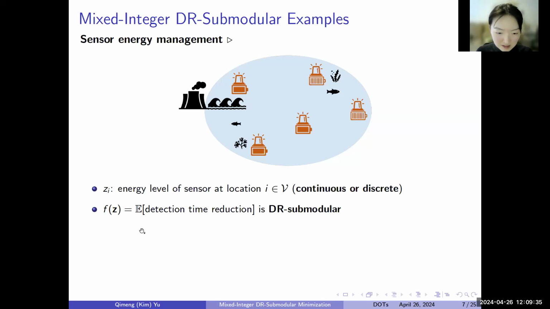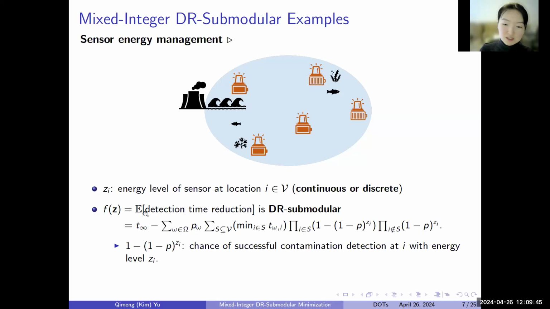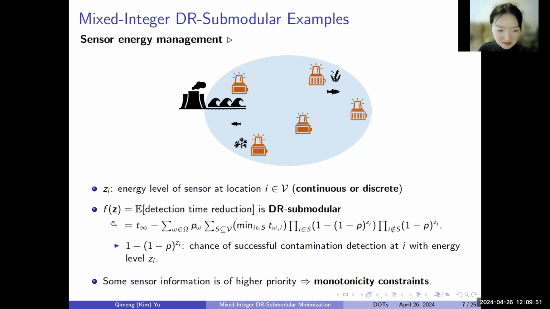It's known that the function capturing the expected reduction in pollution event detection time is DR-submodular. I'm including the form of the function here to showcase that it is highly nonlinear, but don't worry about the details. And I'd like to highlight that these energies are naturally box constrained.